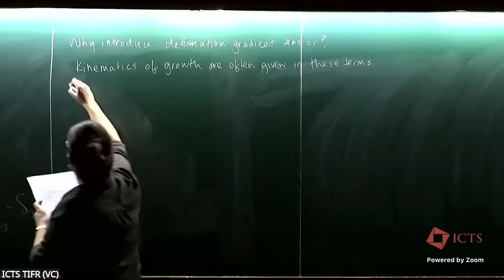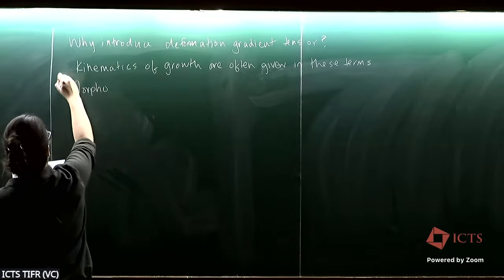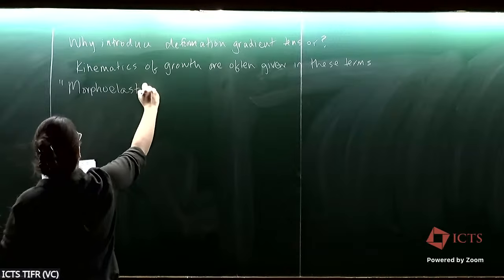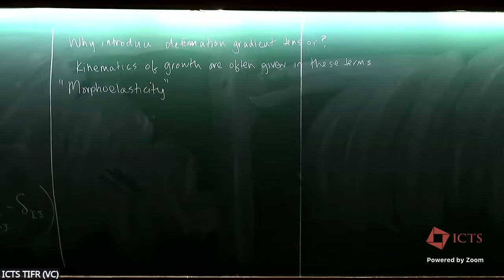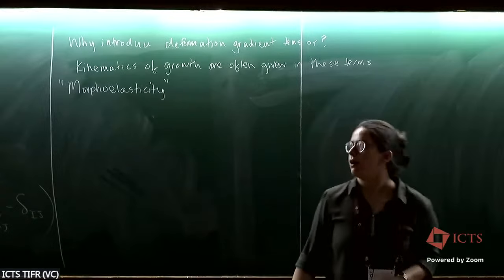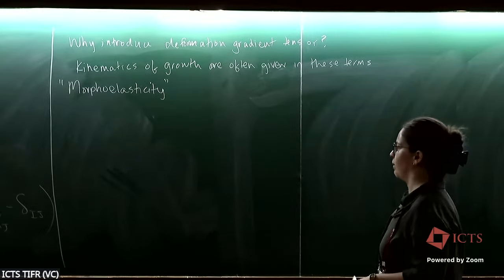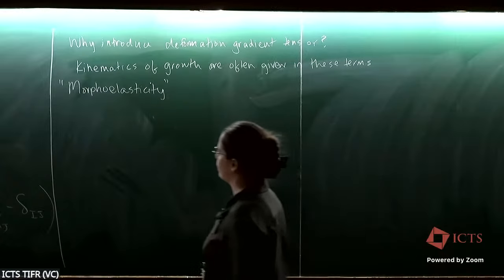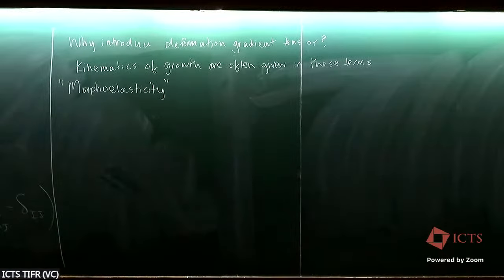And this is often called the theory of morphoelasticity. Here is where we are moving to work that is described beautifully in this book by Goriely, introducing this theory of morphoelasticity. Goriely and others working in morphoelasticity say, let's use this idea of thinking of maps between different configurations to describe this process of growth.